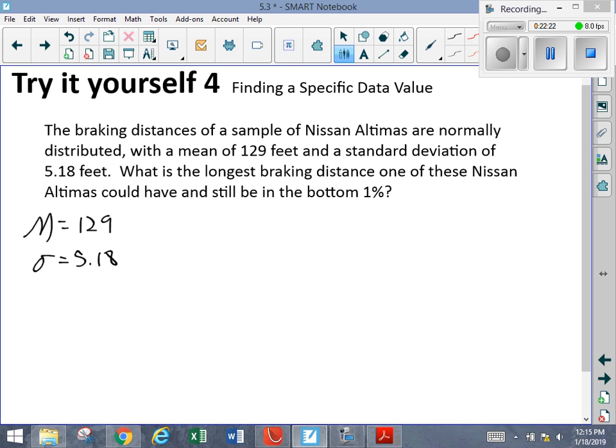What's the longest braking distance one of these Nissan Altimas could have and still be in the bottom 1%? Essentially, they're asking for a z-score that corresponds to that area.